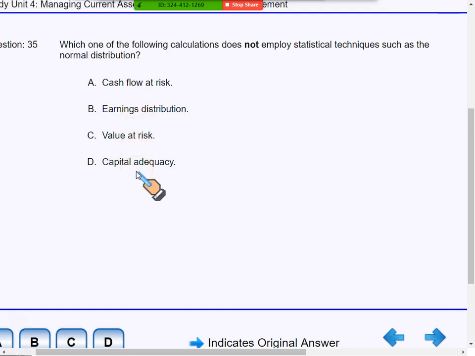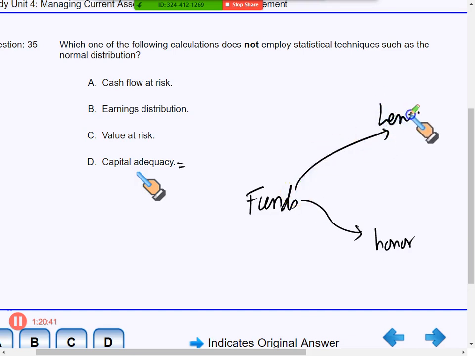Capital adequacy is an entirely different concept. Capital adequacy means that a firm or a financial institution has sufficient funds that it can not only honor the demand of the account holders, but at the same time it can lend to new fund seekers.